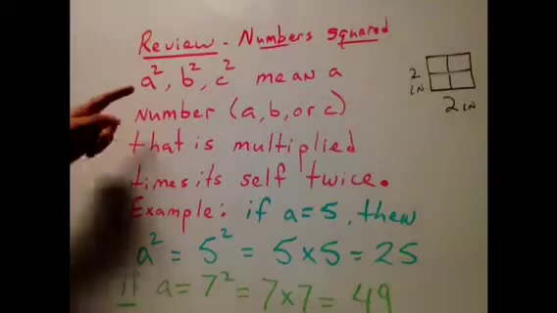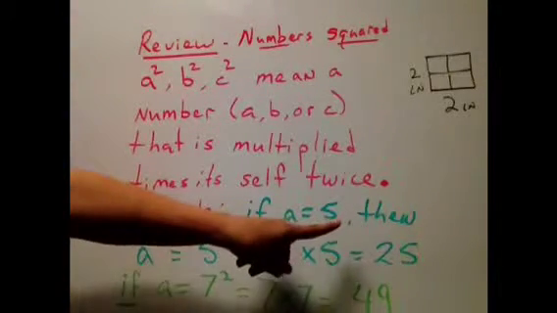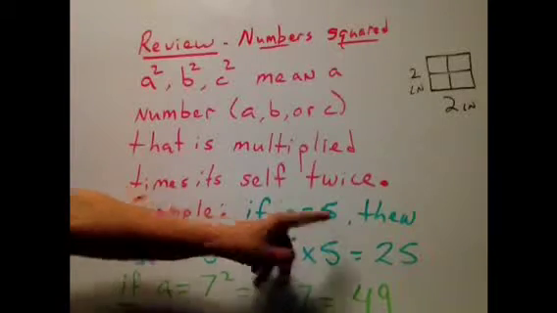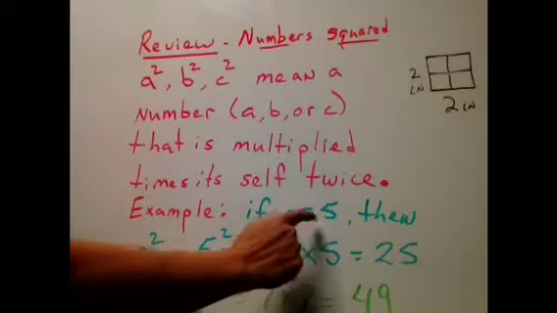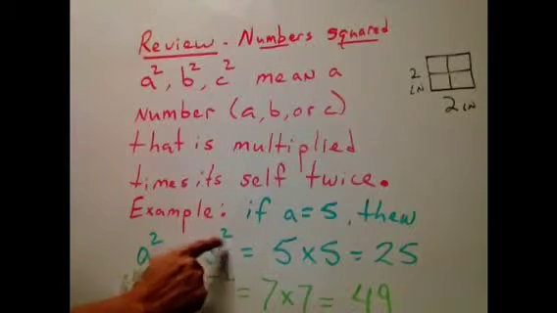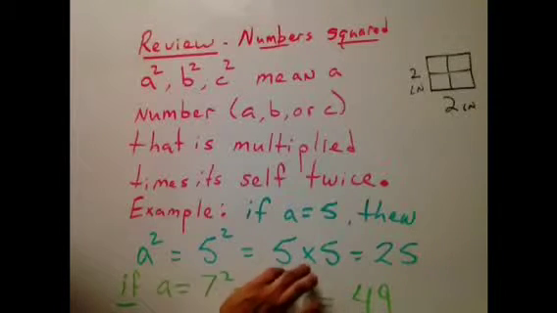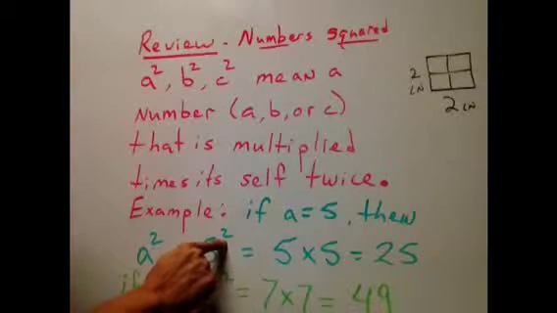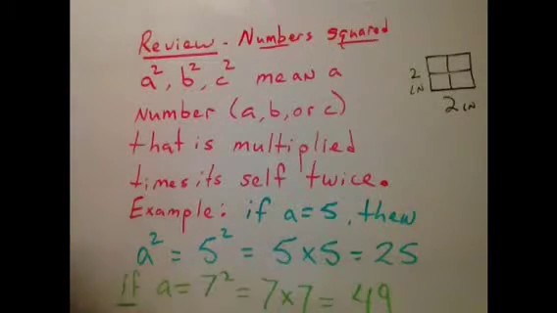Okay, what does that mean? a could be equal to 5, and if it was, then a squared is now 5 squared. We're substituting. So 5 squared is equal to 5 times 5. That means it's multiplied times itself, two times, all right? 5 times 5 is 25.